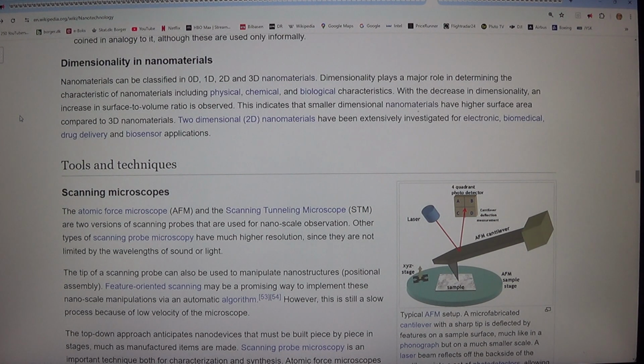With the decrease in dimensionality, an increase in surface-to-volume ratio is observed. This indicates that smaller dimensional nanomaterials have higher surface area compared to 3D nanomaterials. Two-dimensional, 2D, nanomaterials have been extensively investigated for electronic, biomedical, drug delivery and biosensor applications.